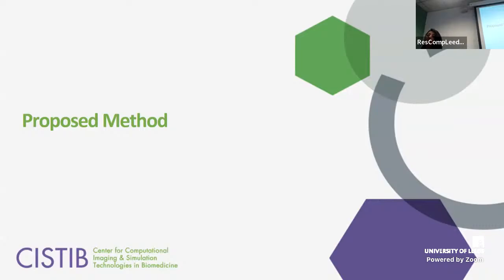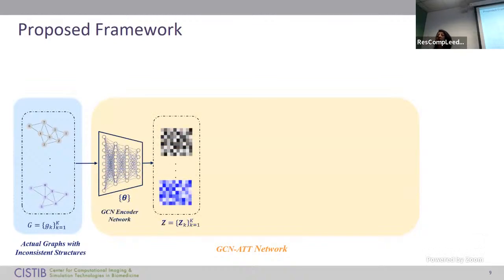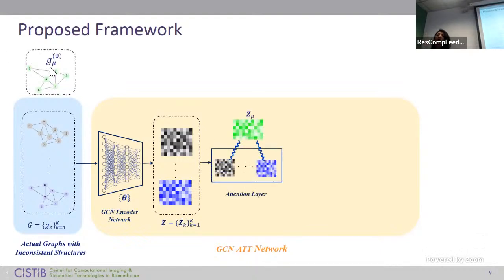In the next slide, I'm going to talk about our proposed method in detail. Given a population of graphs with inconsistent structure, we present a GCN attention network, actually a special graph convolutional neural network, that captures both local and global information of node embeddings and presents vertex embedding Z. Then we initialize a template mesh and start the iterative process, considering an attention layer and computing the similarity between the vertex embedding of each training sample and the atlas mesh.